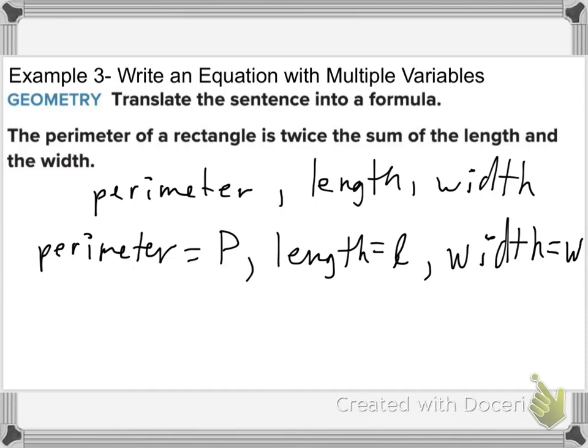So, the perimeter of a rectangle is twice the sum of the length and the width. Any ideas what that's going to look like as an equation? Anyone want to take a shot at it?